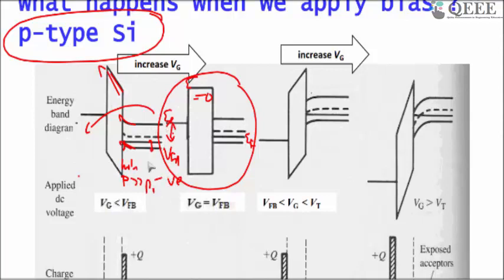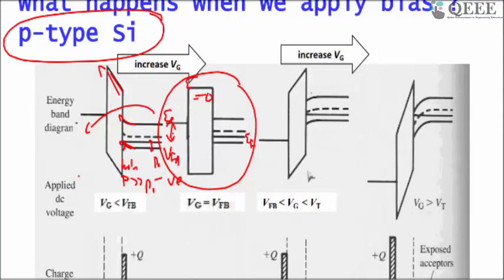Suppose the substrate has P0, you are increasing the surface concentration of holes compared to the bulk concentration. This condition is known as accumulation, because you are increasing the concentration of the majority carriers at the surface. So for accumulation, you are applying a negative bias here.